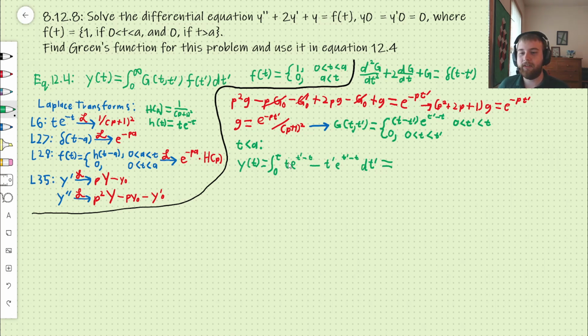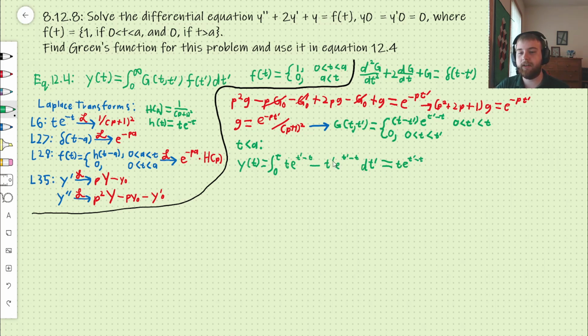So integral of all of these. Remember, t is a constant in our case because t prime is our variable of integration. I'm going to split it up into two parts. The integral of t times this is just t e to the t prime minus t. But the integral of the other part is different.